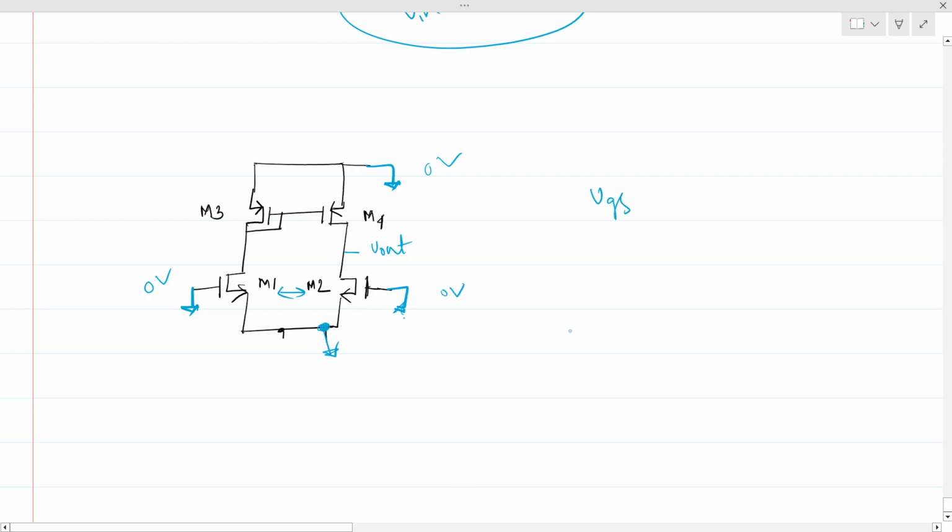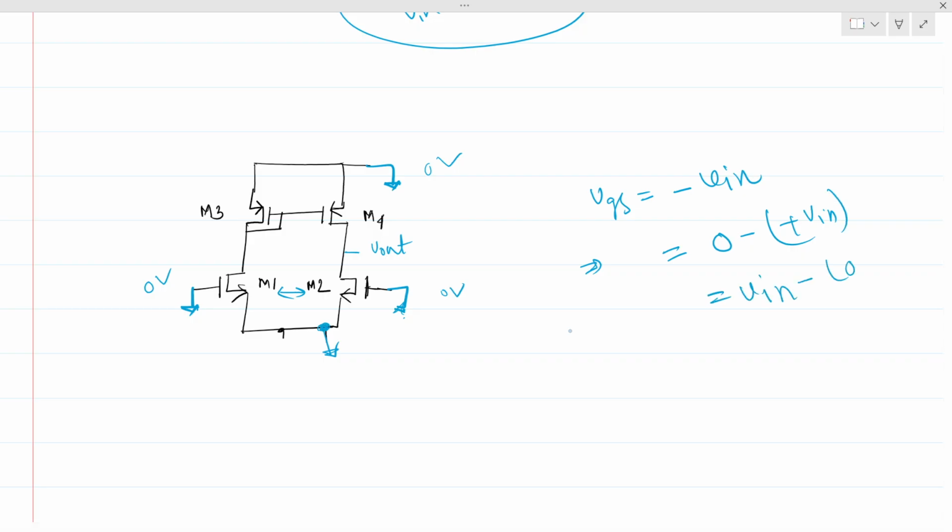Previously the VGS was minus V in, right? So now the VGS can be V in if the V gate is 0 and VS is positive V in, that is one condition. And another condition can be VG is V in but the VS is 0 volt, right?